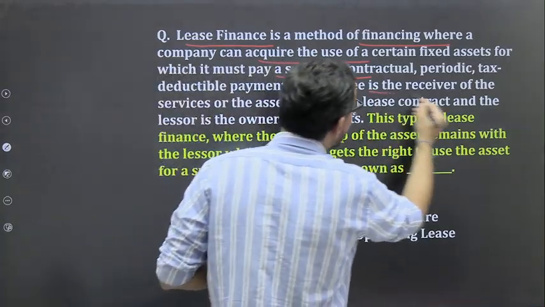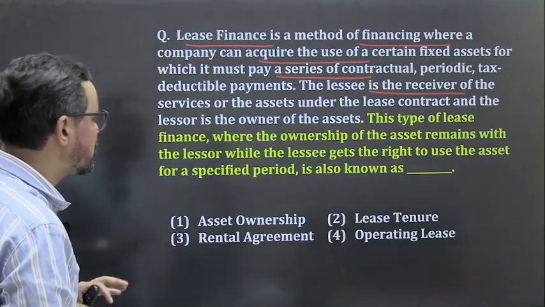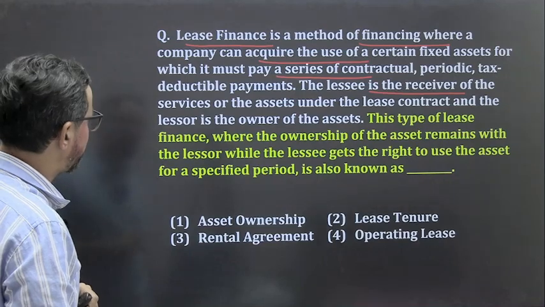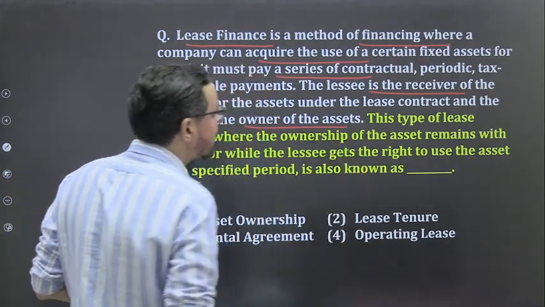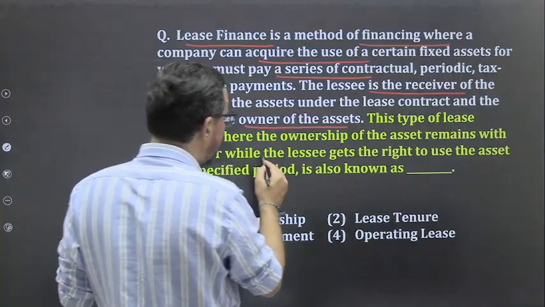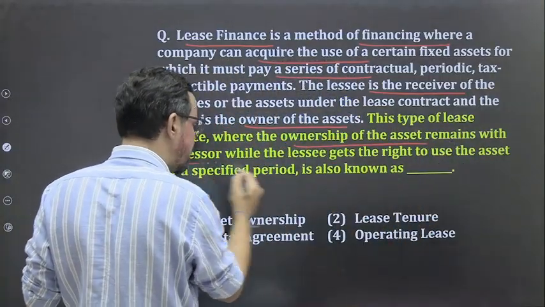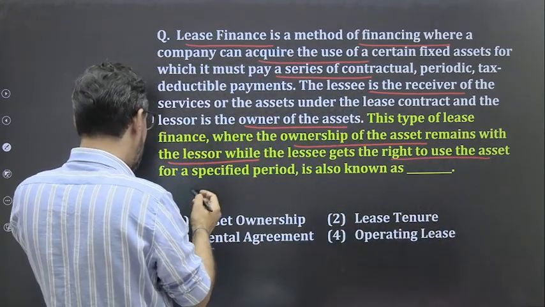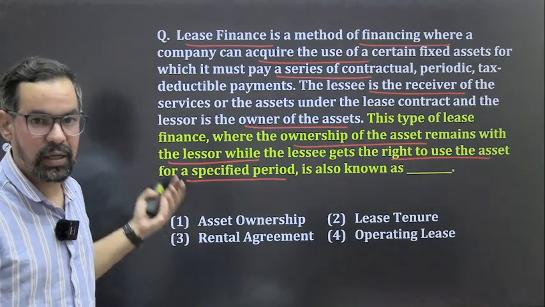The lessee is the receiver of the service or the asset under the lease contract, and the lessor is the owner of the asset. This is the type of lease finance where the ownership of the asset remains with the lessor while the lessee gets the right to use it for a specific period. So what type of lease is it? It is operating lease.